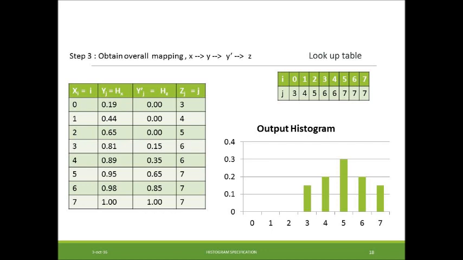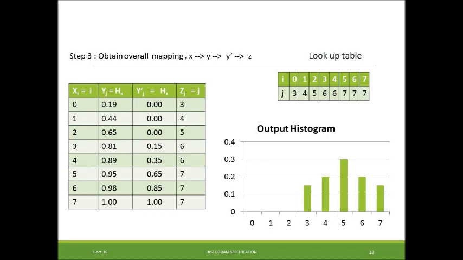This is the most critical step in the histogram specification. Here Xi denotes the intensity levels varying from 0 to 7. Second column Yj equal to Hx is the cumulative distribution function of the input image. Third column Yj dash equal to Hz is the cumulative distribution function of the histogram specified image, and the fourth column Zj equal to j is also the intensity level of the output image.